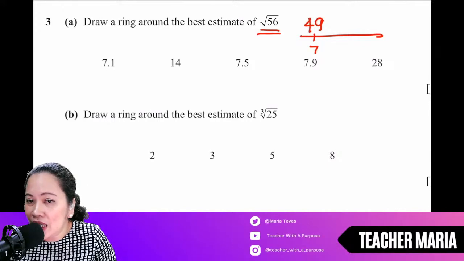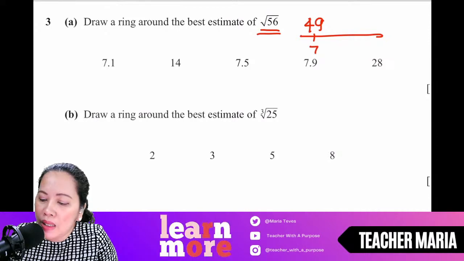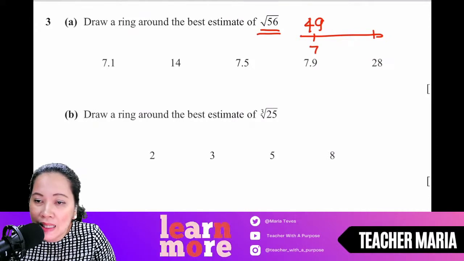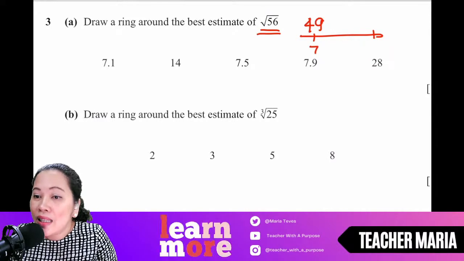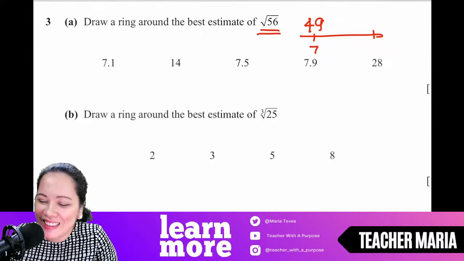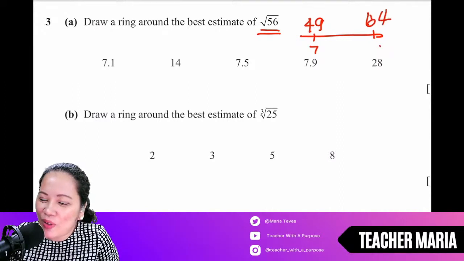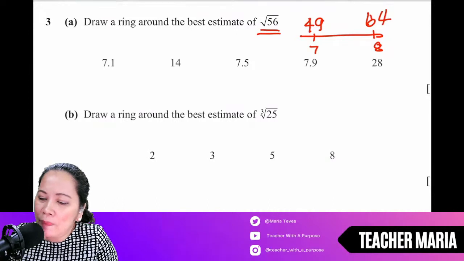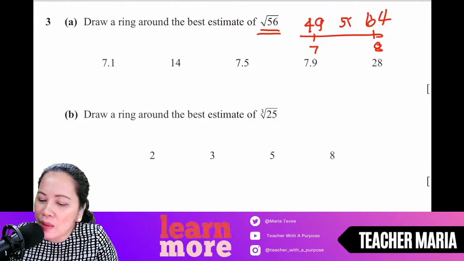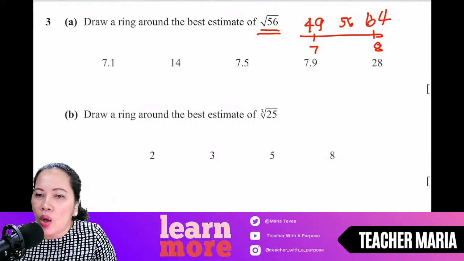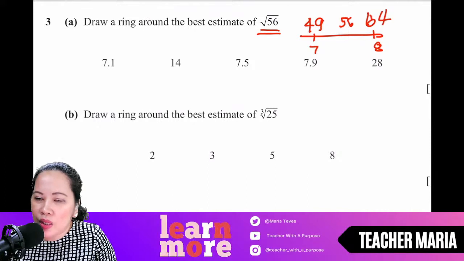And the other number right after 56 will be, what is 8 times 8? 8 times 8 is 64. That is an 8. Okay? And then you have 56 in the middle. Which is closer?